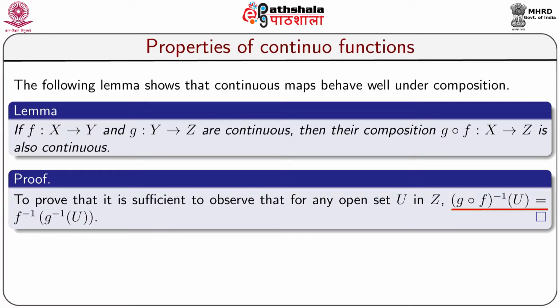But look, (g composed with f) inverse U is equal to f inverse composed with g inverse of U. Now, since g is continuous, g inverse U is an open set in Y, so f inverse of g inverse U is also open in X as f is continuous. So this proves the theorem.